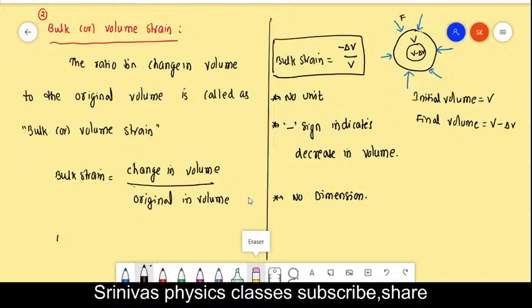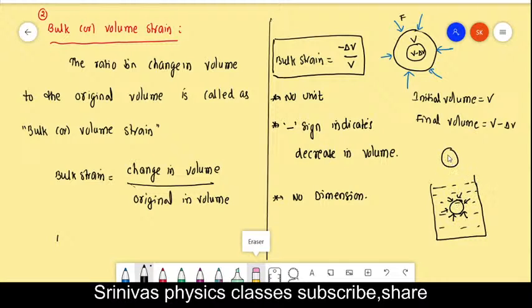When does bulk strain generally occur? For example, you have a rubber ball. If you dip the rubber ball in water, what happens? Water applies force on the rubber ball in all directions. That is called hydraulic pressure. Liquid pressure is called hydraulic pressure.